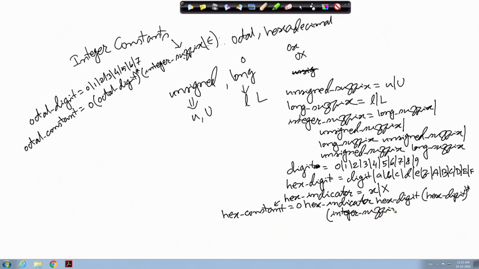So, we have defined hex constants, we have defined octal constants.